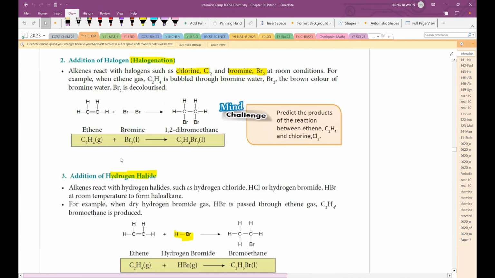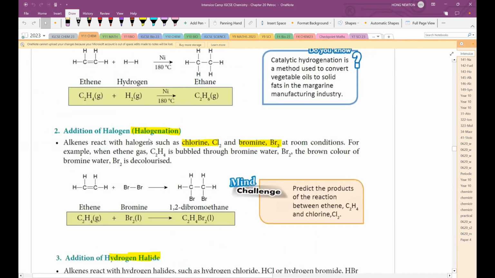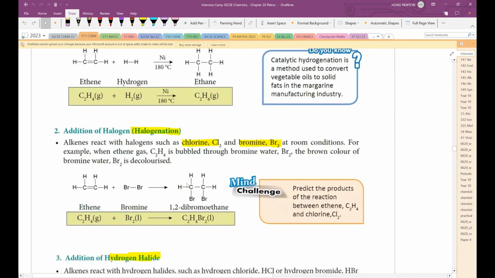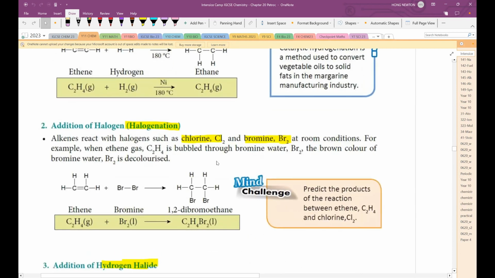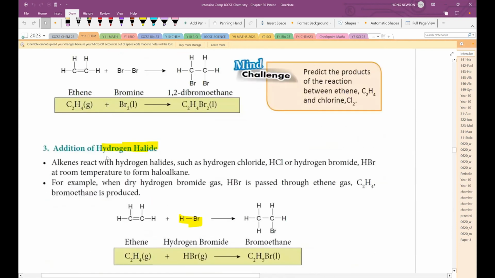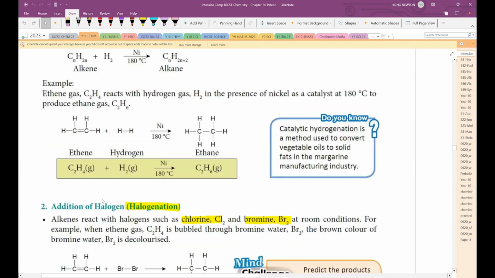They were going to have the halogenation, addition of halogen. Halogen can be a group 7 element, for example, like the chlorine, or like the bromine over here. So we call it addition of halogen.